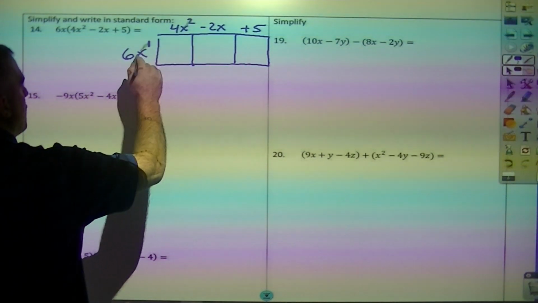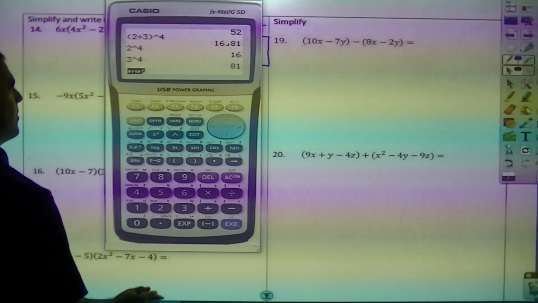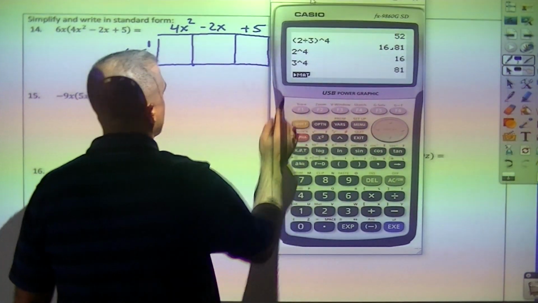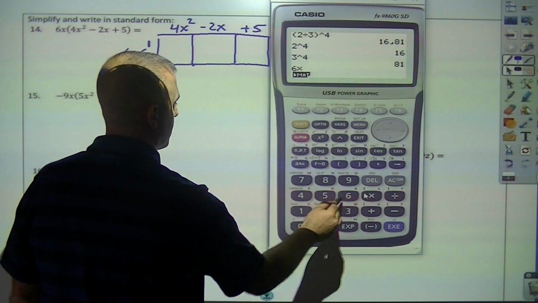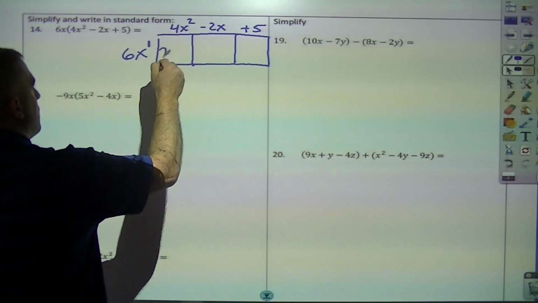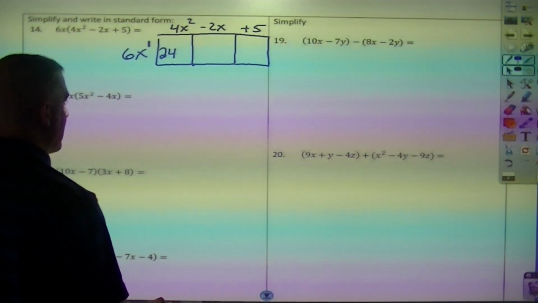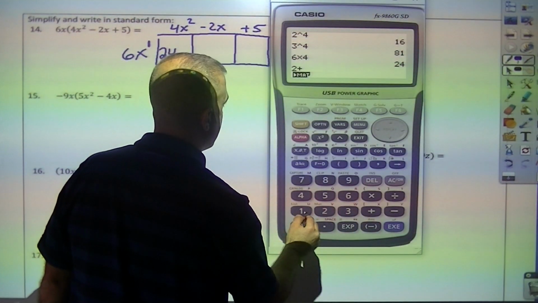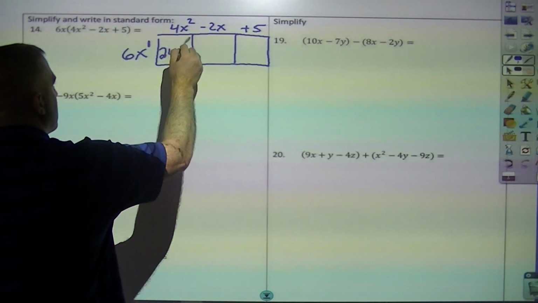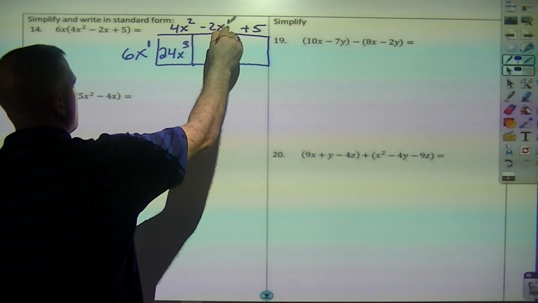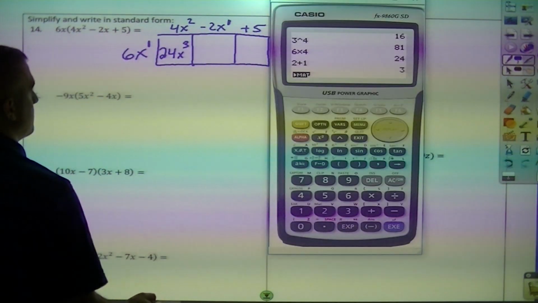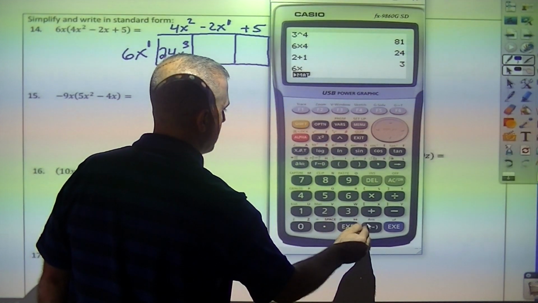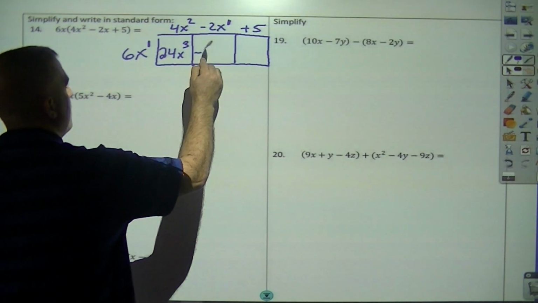So I am doing multiplication. I am going to multiply the coefficients and add the exponents. So 6 times 4 would be 24. I am going to add the x exponents. So 2 plus 1 is x cubed. Now this one needs a 1 as well. So I got 6 times negative 2 is negative 12.